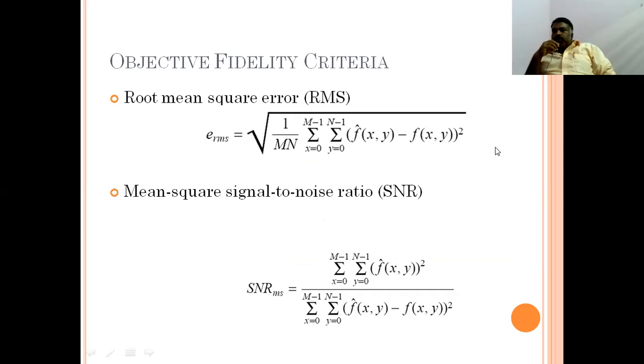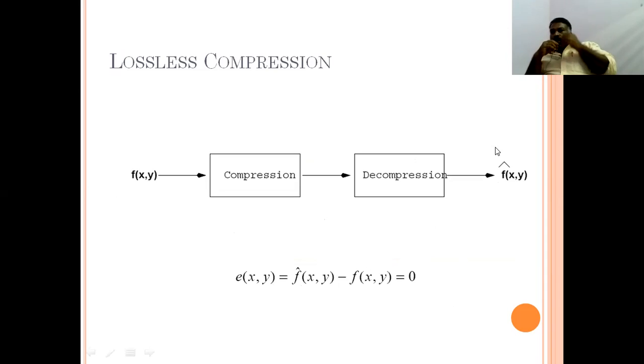The objective criteria has to be represented mathematically: root mean square error, mean square signal to noise ratio. It is used to ensure the error level.